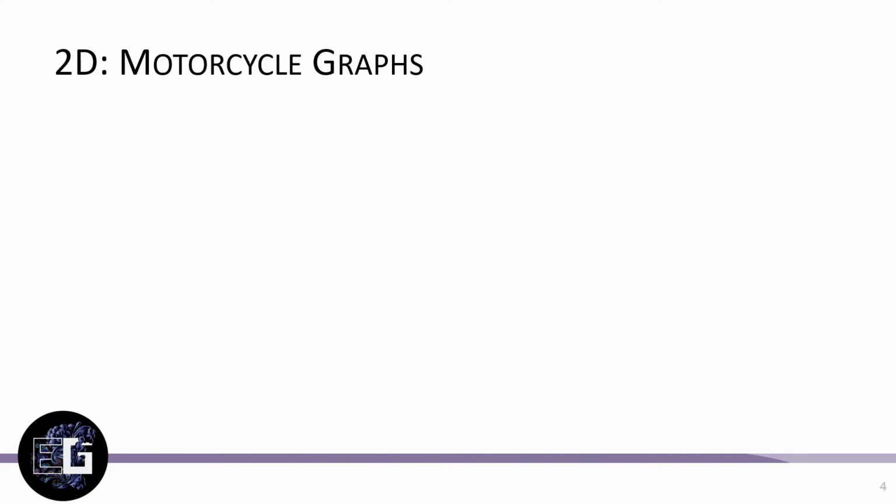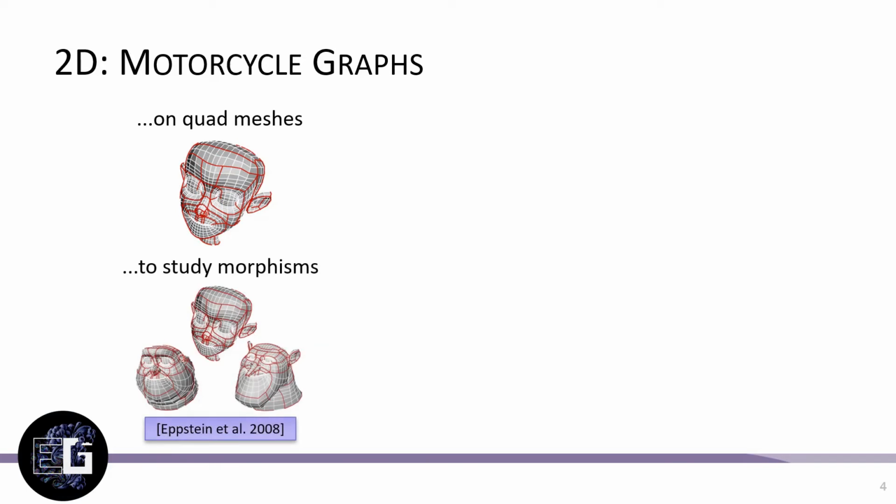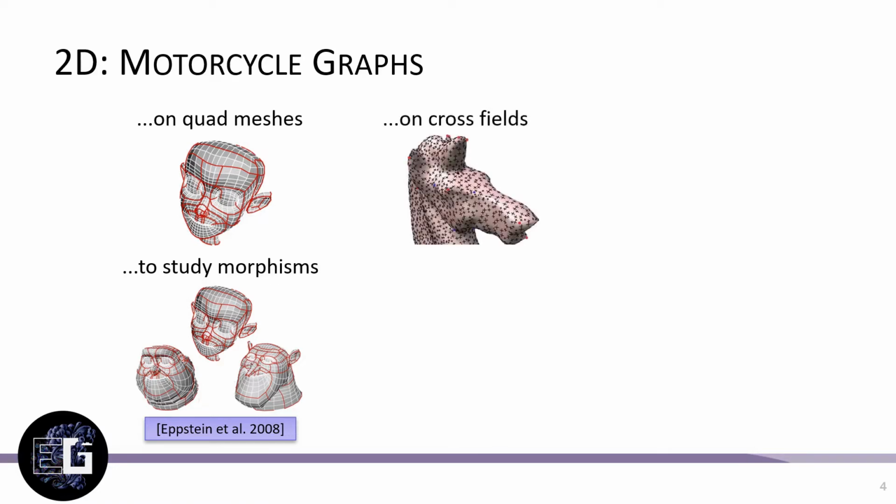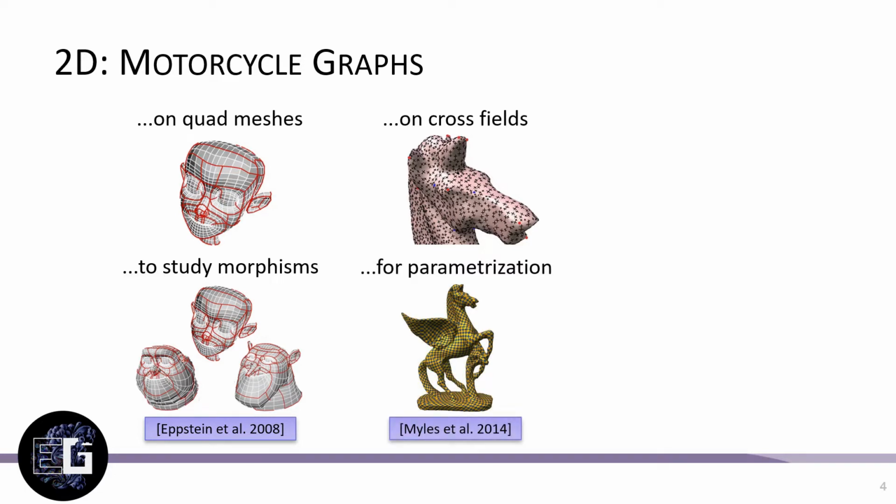This graph structure was later lifted from the 2D plane to 3D surfaces for several scientific applications. For example, Epstein and colleagues constructed motorcycle graphs on quad meshes and used the partition to determine isomorphisms between different meshes. Later on, Myles and colleagues used motorcycle graphs on triangle meshes equipped with cross fields and employed the partition to compute seamless parametrizations on the input.